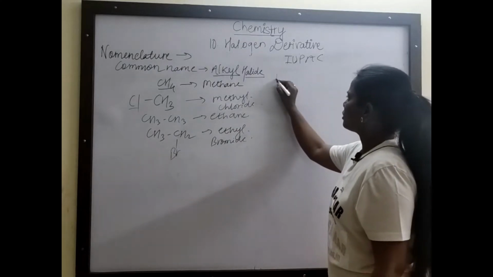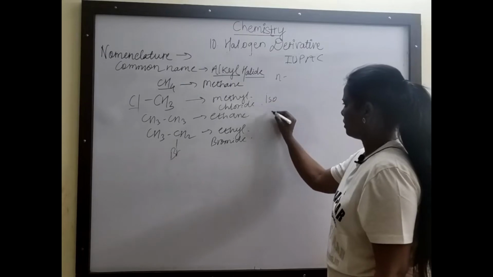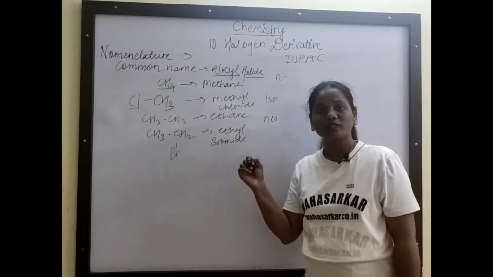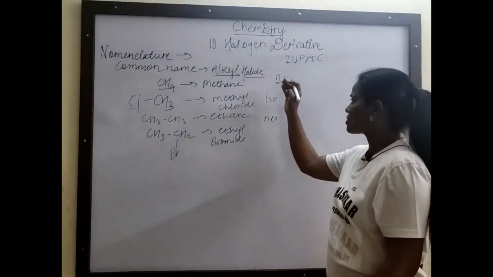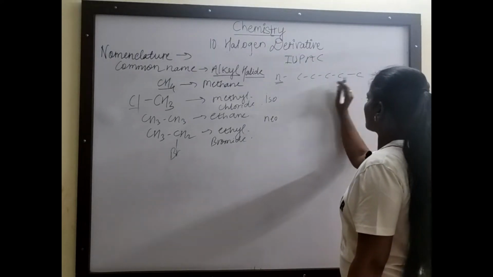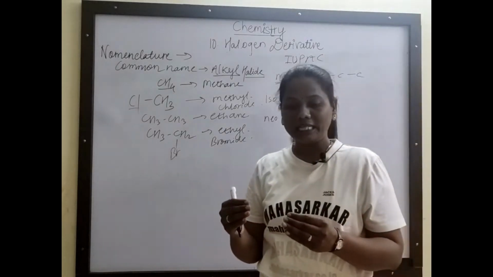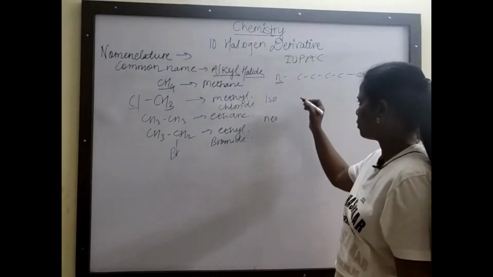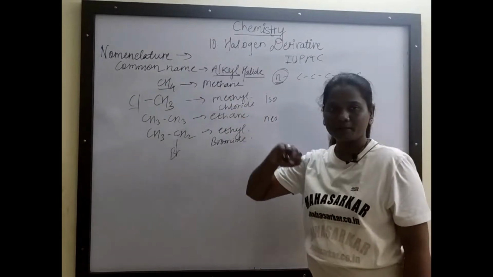Second part: there are some prefixes used, that is n, iso, and neo. These are also types of alkanes. Now n represents a straight chain of carbon atoms. Suppose it is like this: 1, 2, 3, 4, 5. There are 5 carbon atoms in the molecule attached in a straight chain, so to indicate that, we use the n prefix in the common name system.